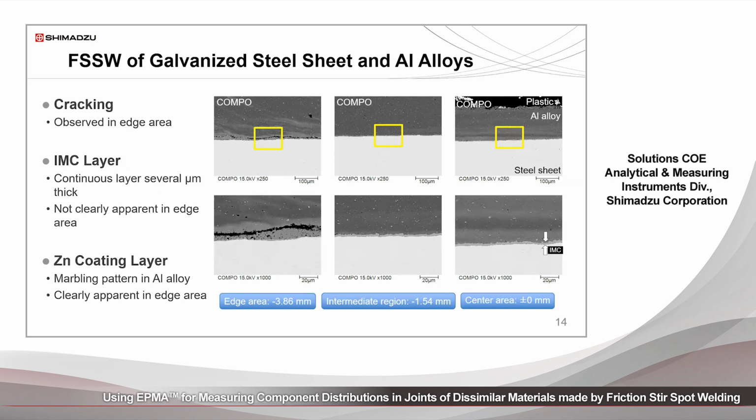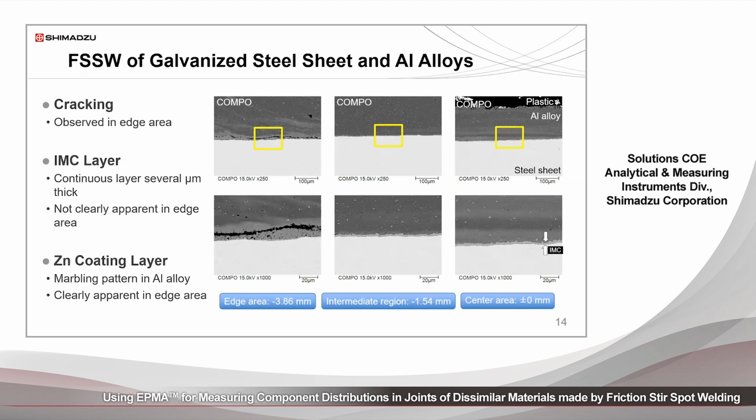Some observations regarding the IMC of these two jointed materials. The IMC is thickest at the center compared to the edge and the intermediate region.